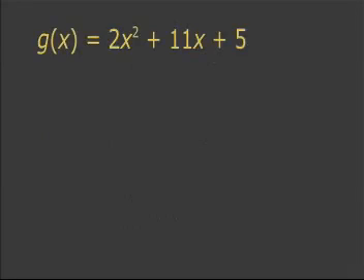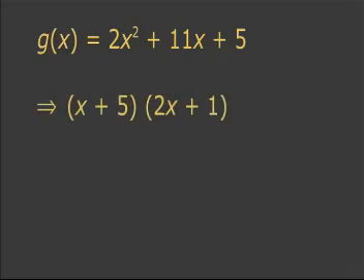The second quadratic is g(x) = 2x² + 11x + 5. This can be factored as the product of (x + 5) and (2x + 1).